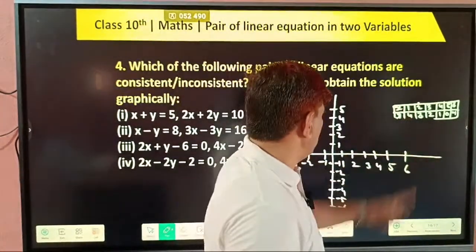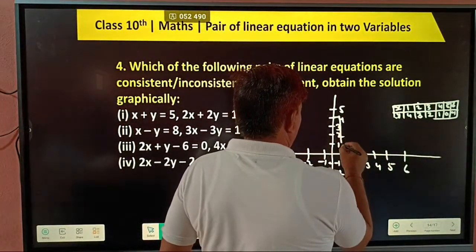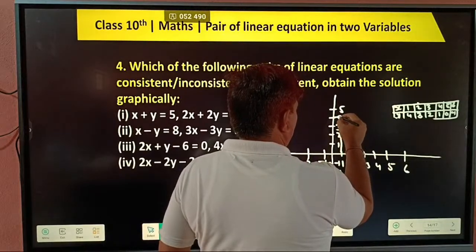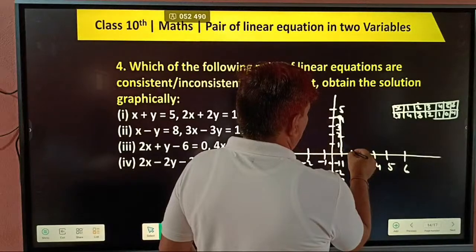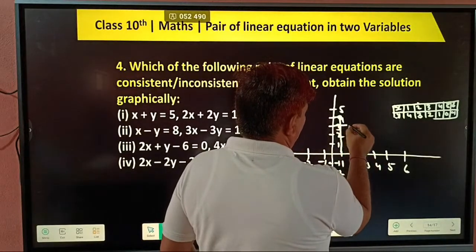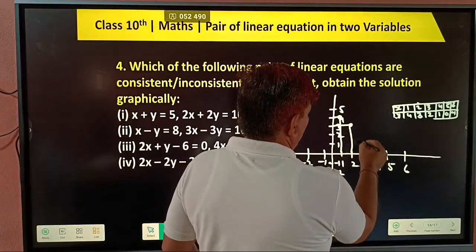If x equal to 1, y is what? 4. So 4 is here. This point we can see. If x is equal to 2, then y is 3. Then 3, 2.